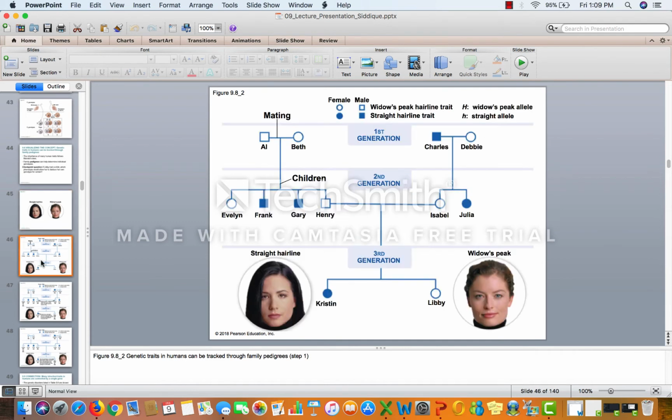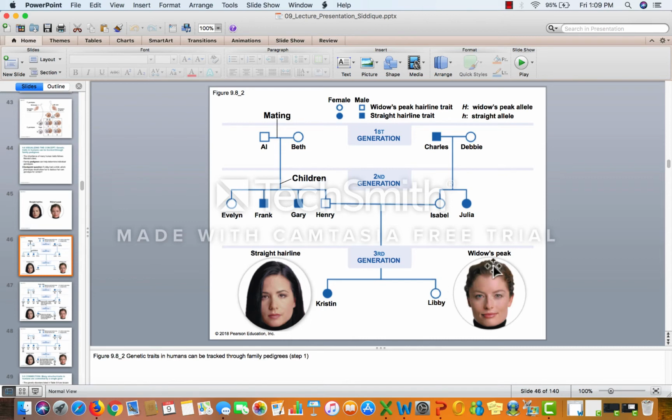So here we have the individual. Let's see, we got Al and Beth. Al is a male, he's a square. Beth is a circle. So anything that's square is a male, anything that's circle is a female. So you see that in mating, Al and Beth will have 4 kids. Charles and Debbie are going to have 2 kids, right? After this, Isabel and Henry are going to mate, and those guys are going to have Kristen and Libby, right?